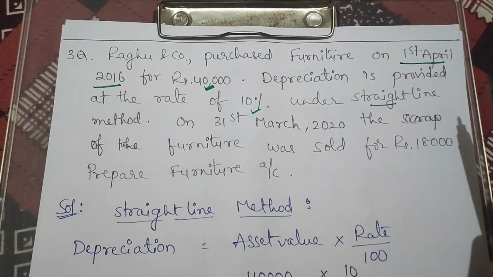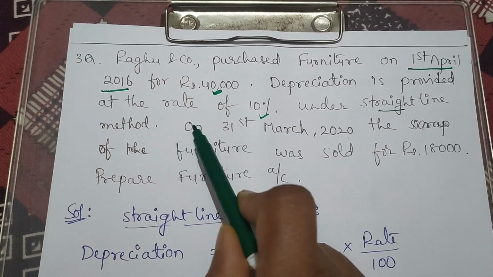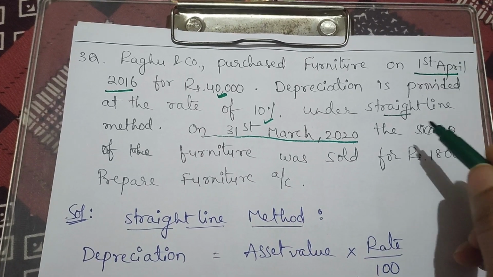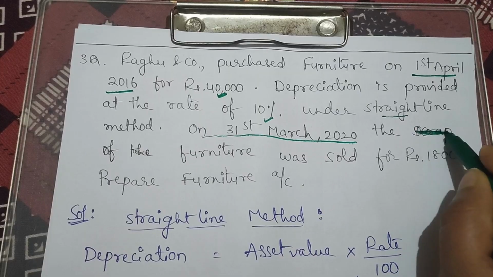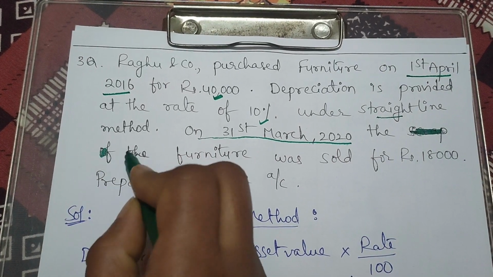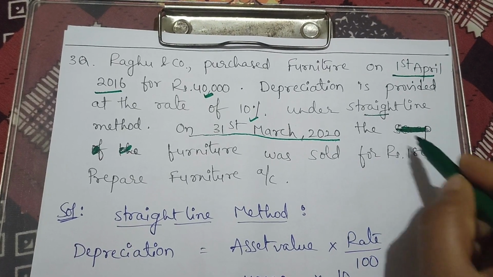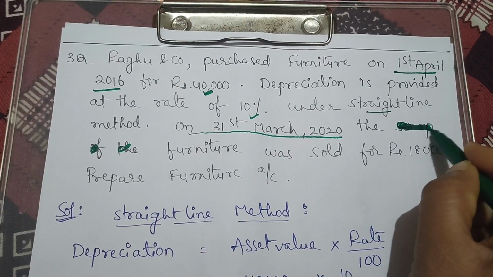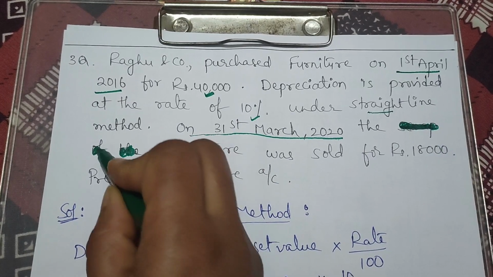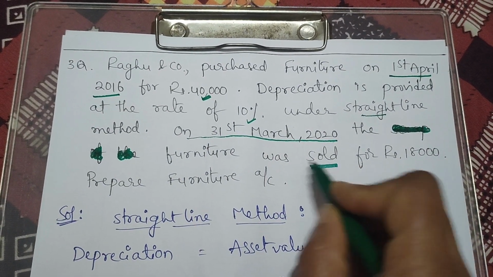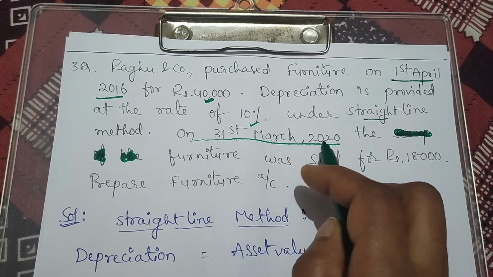if they are using for 1 year. And here what is happening on 31st March 2020? Here, furniture was sold. Furniture was sold for rupees 18,000. They are not keeping the furniture in the business. They are selling that furniture on 31st March 2020.